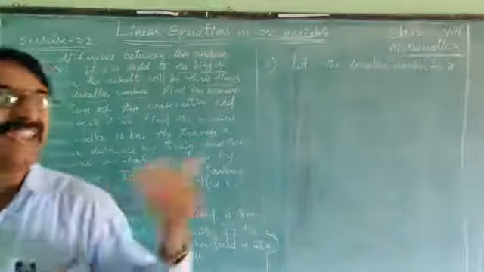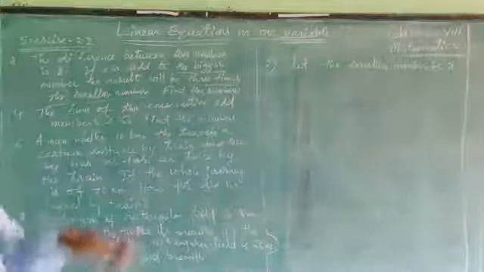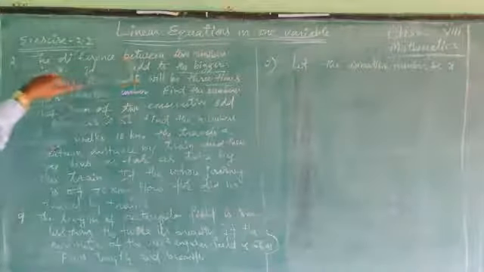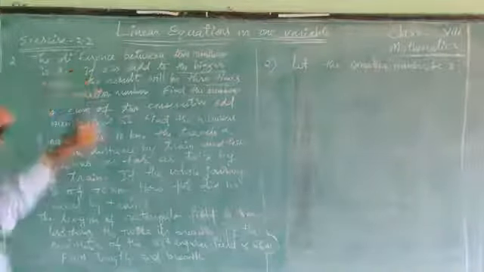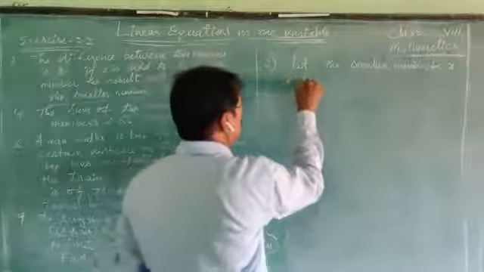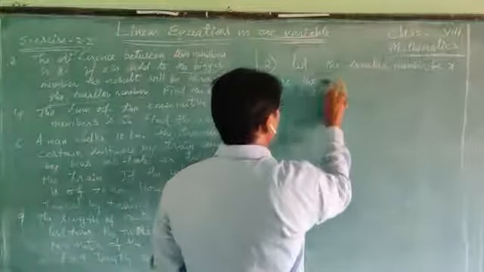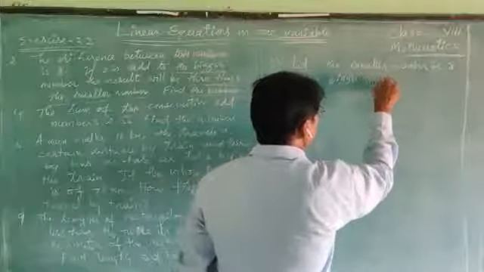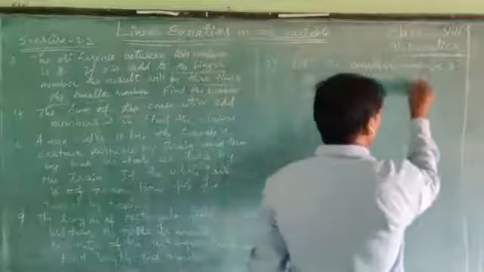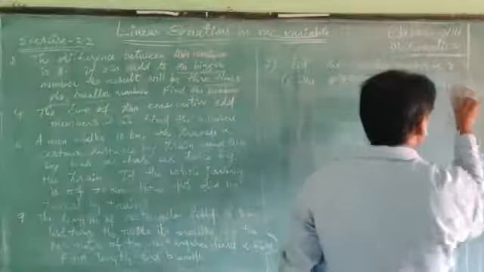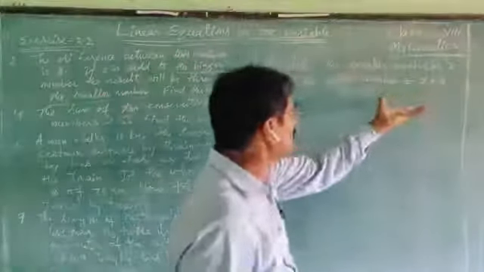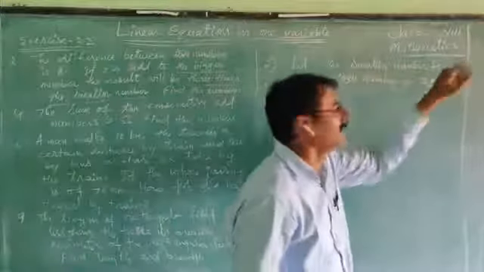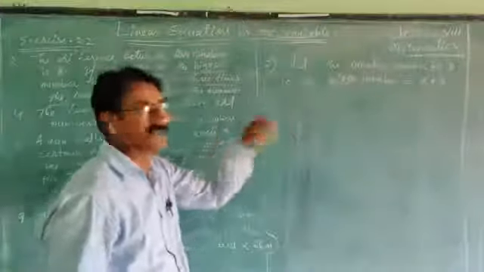It is 8 more than the smaller number, because the difference between the two numbers is 8, as given. So the bigger number is x plus 8, because it is 8 more than this x, and x is the smaller number.